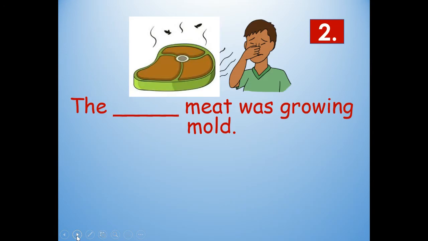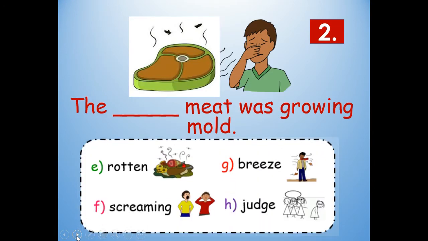Number 2, the blank meat was growing mold. Would it be rotten? The rotten meat was growing mold. The screaming meat was growing mold. The breeze meat was growing mold, or the judge meat was growing mold. What word makes the best sense in that sentence, given our picture clues and the context of where it is in the sentence?